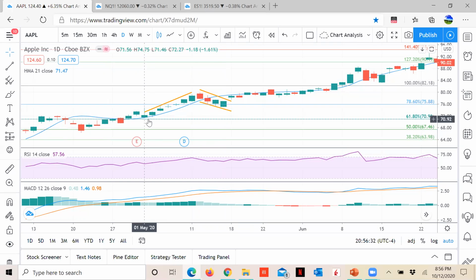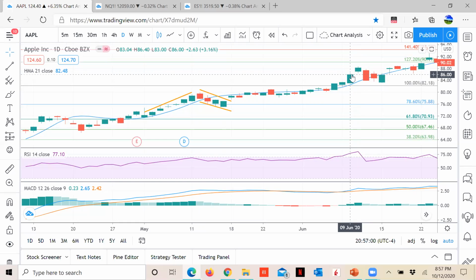If you were to add this difference of the flagpole to this, say 84 or 85, that gives you a price target, around 85 or 86 here.